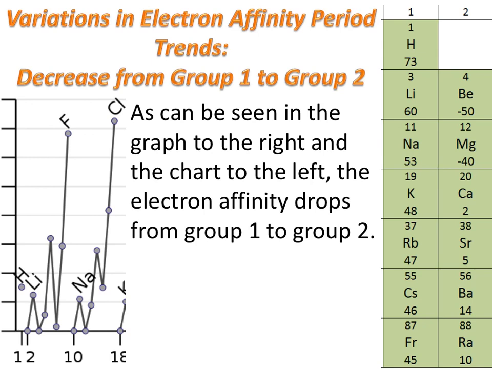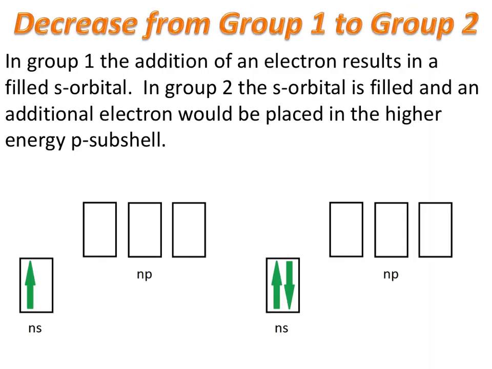Okay, let's go back and look at these trends again, and the break in the trends that occurs. The first break being between groups 1 and 2, and then the second break we'll look at shortly. Back to those orbital diagrams.